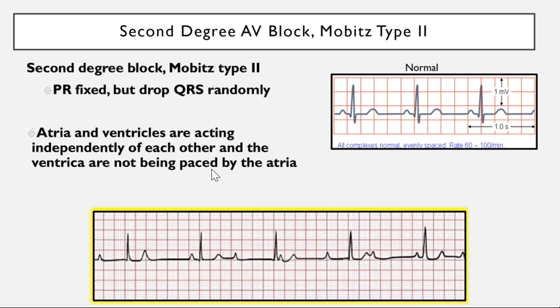That's a problem because when you talk about the blood flow that follows the electrical contraction, you want blood in the atrium and then that to be contracted to the ventricle, and then now that there's blood in the ventricle, it's contracted out of the ventricle, right? If these are acting independent of each other, you don't have the proper blood flow. You might not have any filling of the ventricle and now your ventricle's contracting, or you already got rid of the blood from the atrium and then the atrium's contracting again without having any blood in it, and stuff like that, right? So they're acting independently of each other.